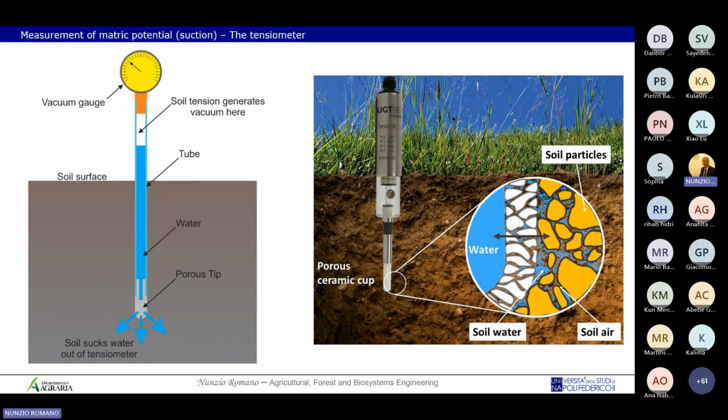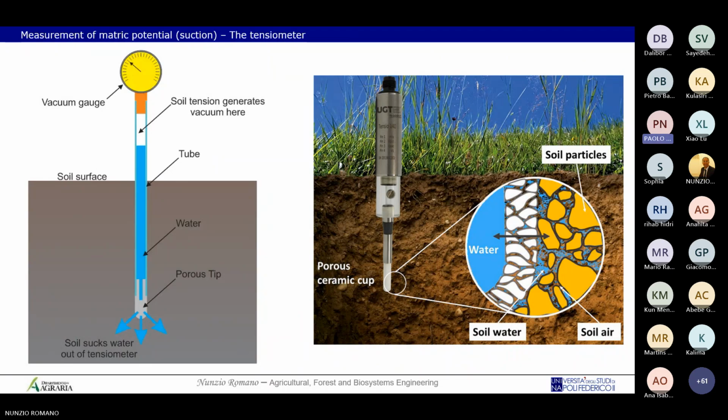And so the water in the tube, because of the air pressure, just goes into the soil, and the tensiometer does not work any longer. I hope that this is clear.